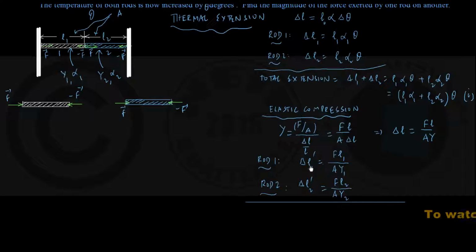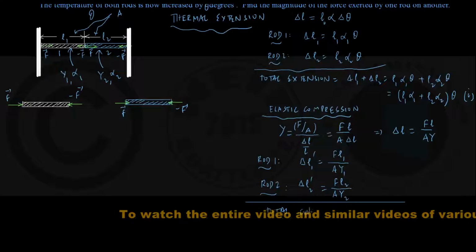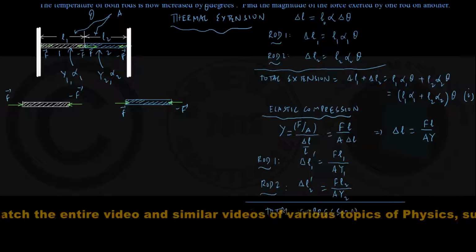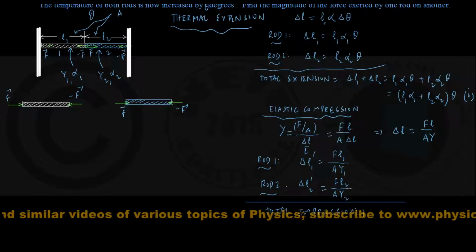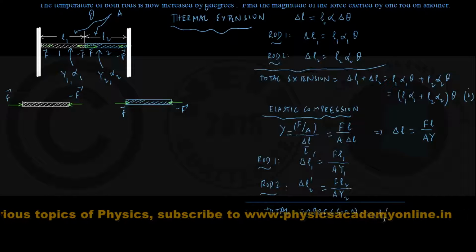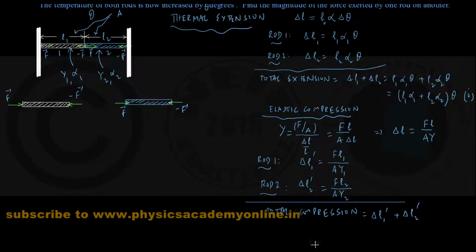So once again, adding up these two quantities, we are getting that the total elastic compression of the two rods under the effect of those massive walls is given by delta L1 dash plus delta L2 dash.